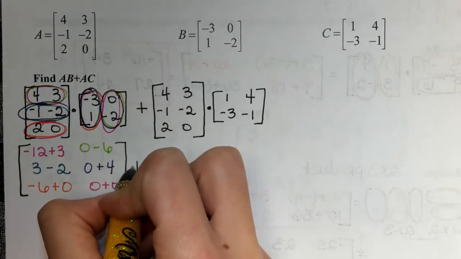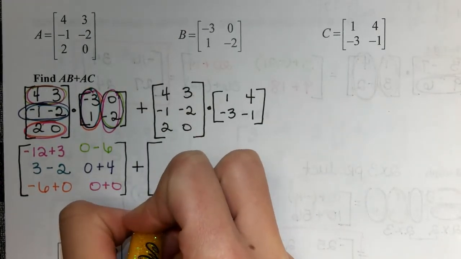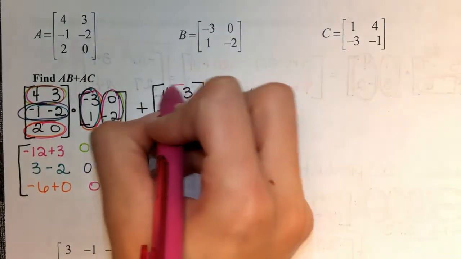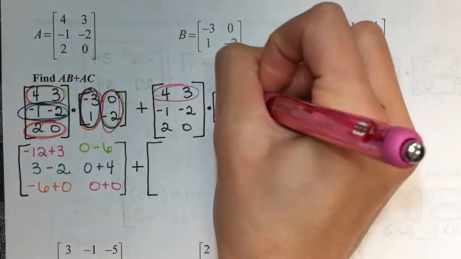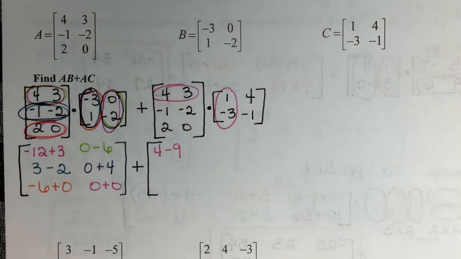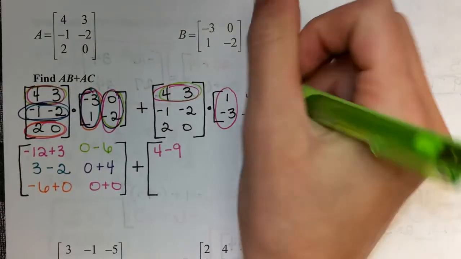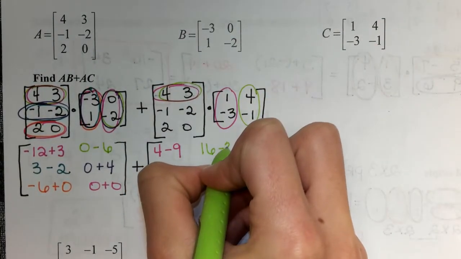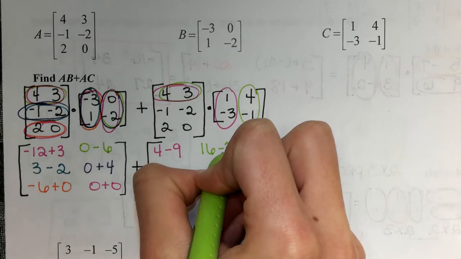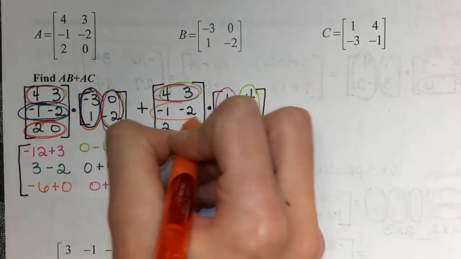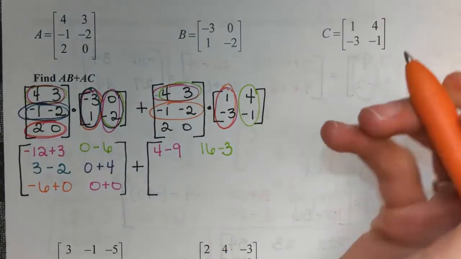Okay, and then I'm just going to go ahead and multiply and then simplify. So now I'm going to do the same thing. First row, first column. First row, second column. Minus 3. Second row, first column.